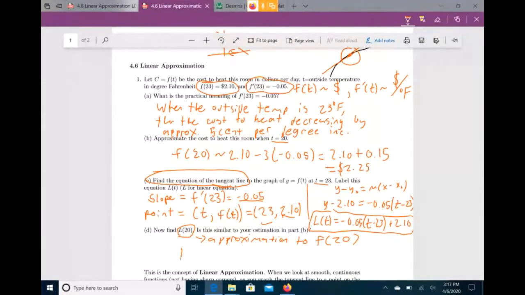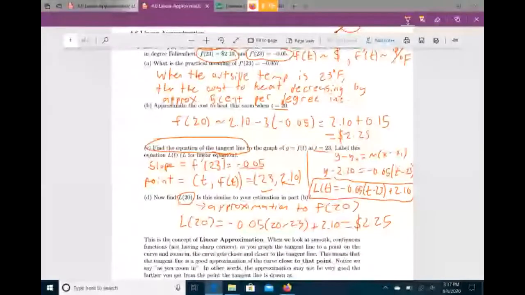So L of 20 is just negative 0.05, and then I plug in 20 for t. So I have 20 minus 23 plus 2.10, and I get the exact same answer that we got before: $2.25. Indeed.